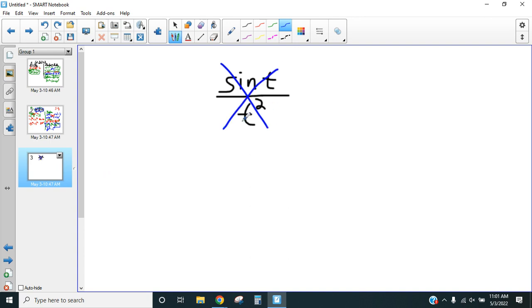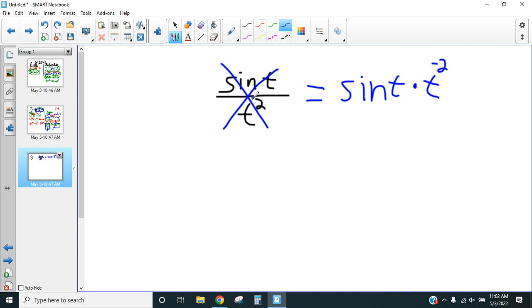Now, what we could do is rewrite this. How can I rewrite it? Kind of that idea. How can I rewrite dividing by t squared as multiplication? So it's -2. Don't confuse it with radicals. It happens all the time, right?